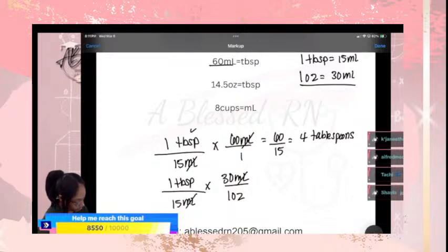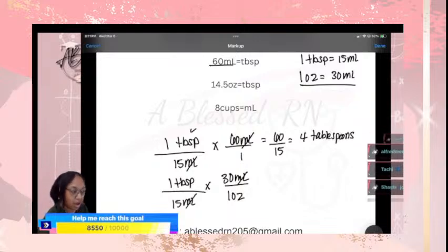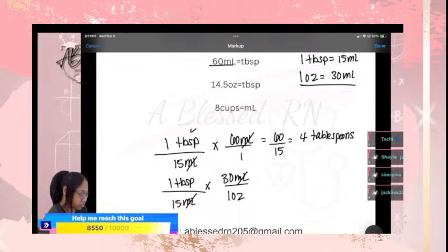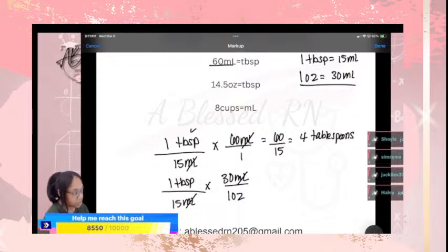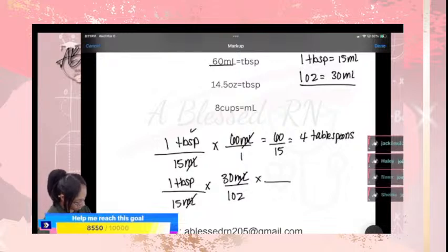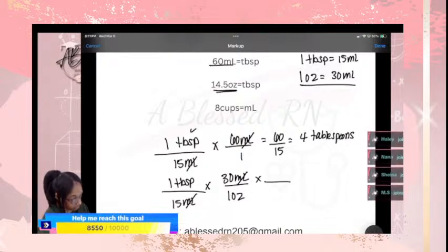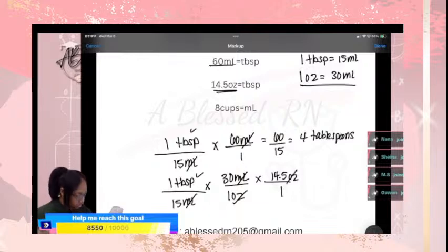And you want to keep your relationships together. I call them relationships. You can call them elements. You can call them puzzle pieces. Whatever you want to call them, keep them together. You can flip-flop them, of course, but don't separate them, okay? So we've used that and we've used that. So now we've got ounces at the bottom. So now we'll take our ounces from the problem and put it on the top. 14.5 ounces over 1, ounces crosses out, and now we're left with just tablespoons.